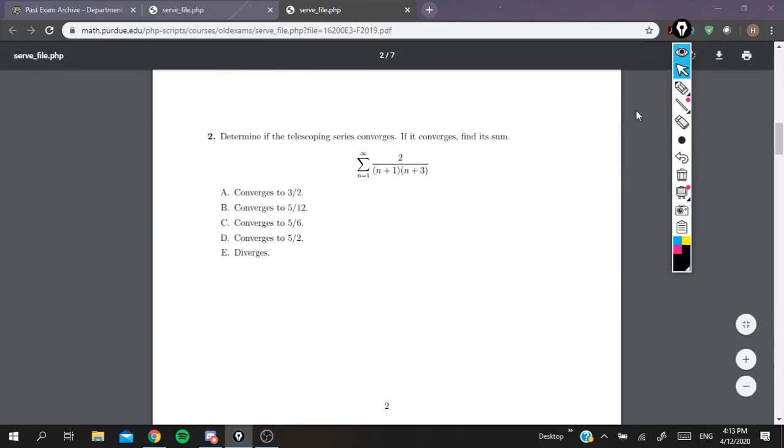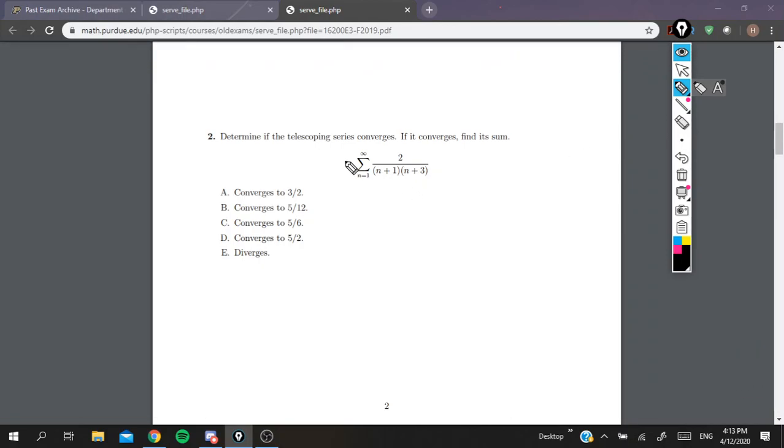All right, second question, it asks about the telescoping series, but this does not look like a telescoping series yet, so you can transform this using partial fractions. So give some variable to both of these fractions and try to solve for a and b here, in which you could multiply things out.